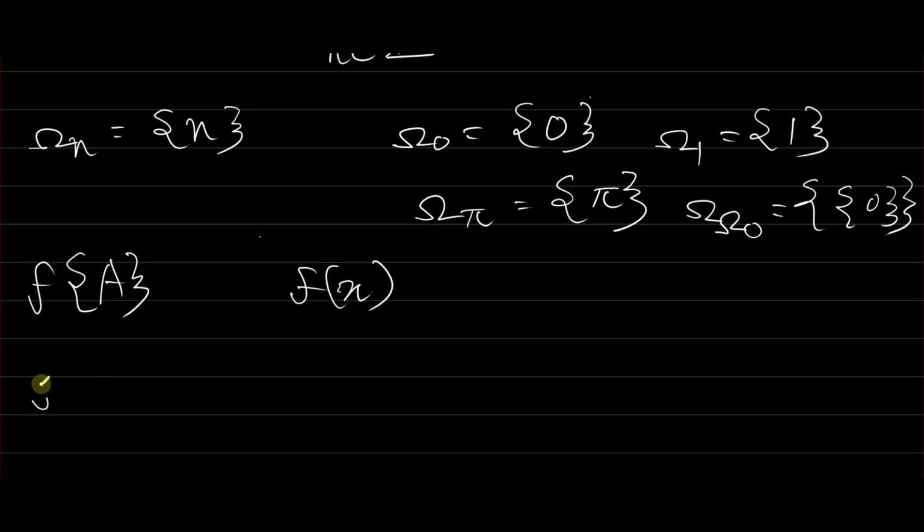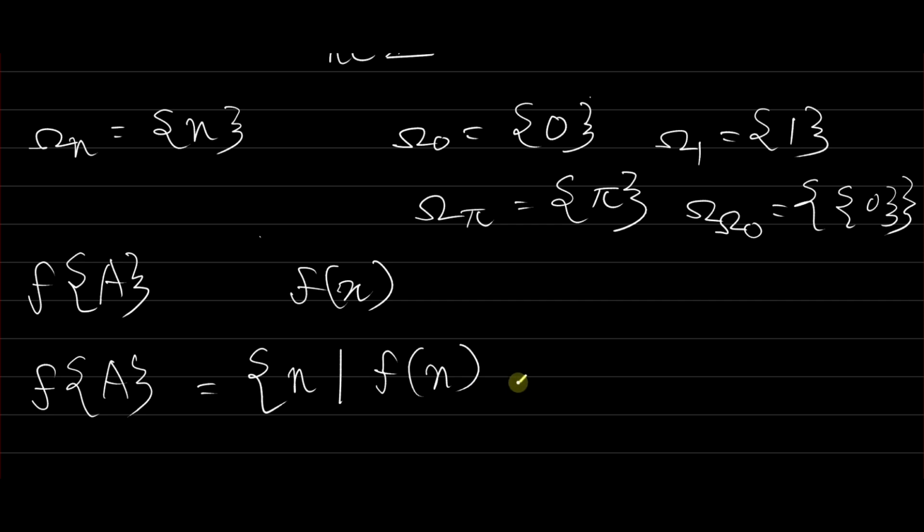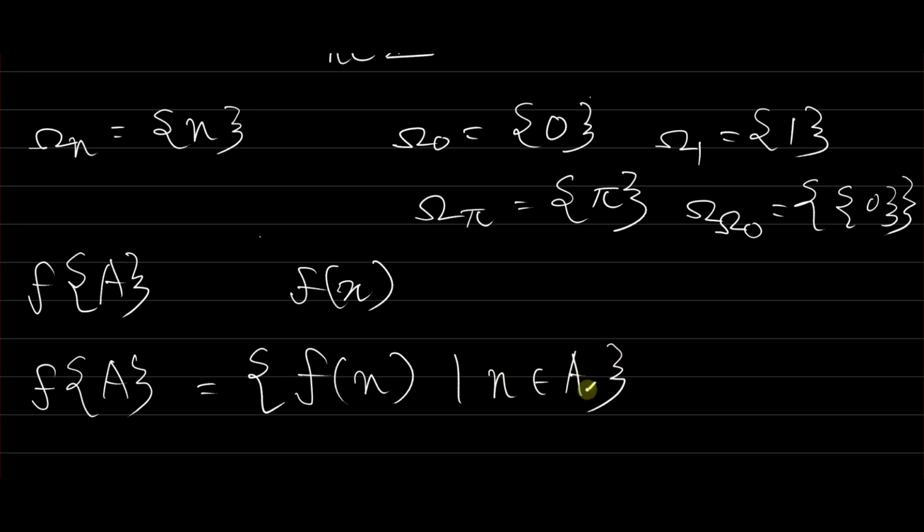Now what f of curly braces set A does is define the set of f of n such that n belongs to A. I've written the wrong notation at first. See right here?